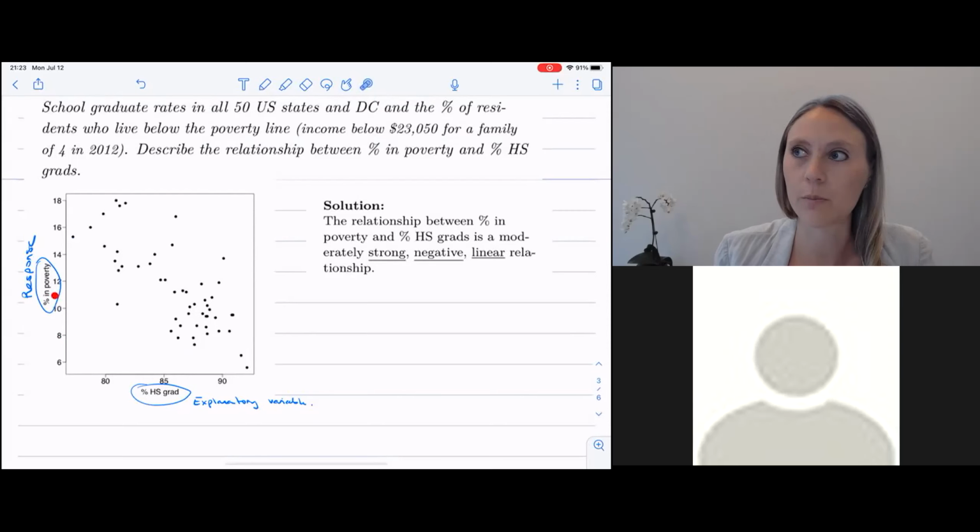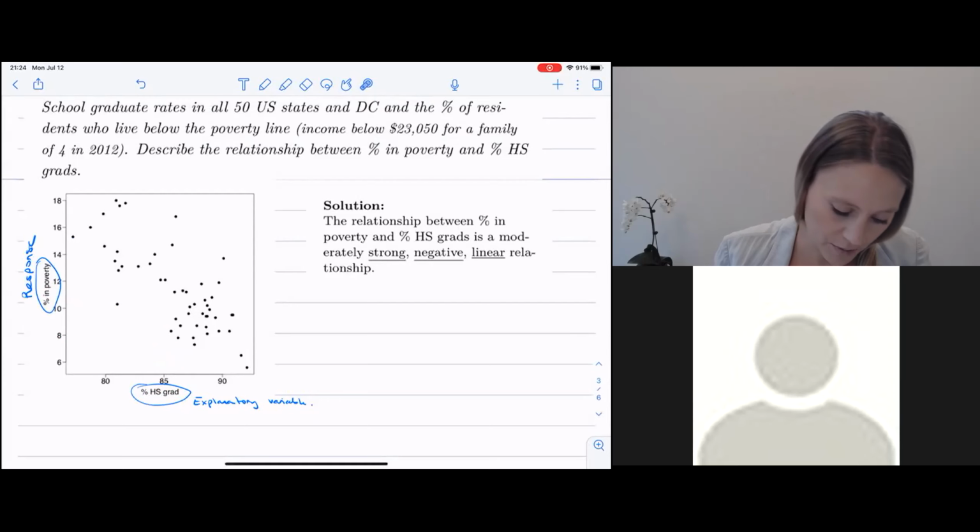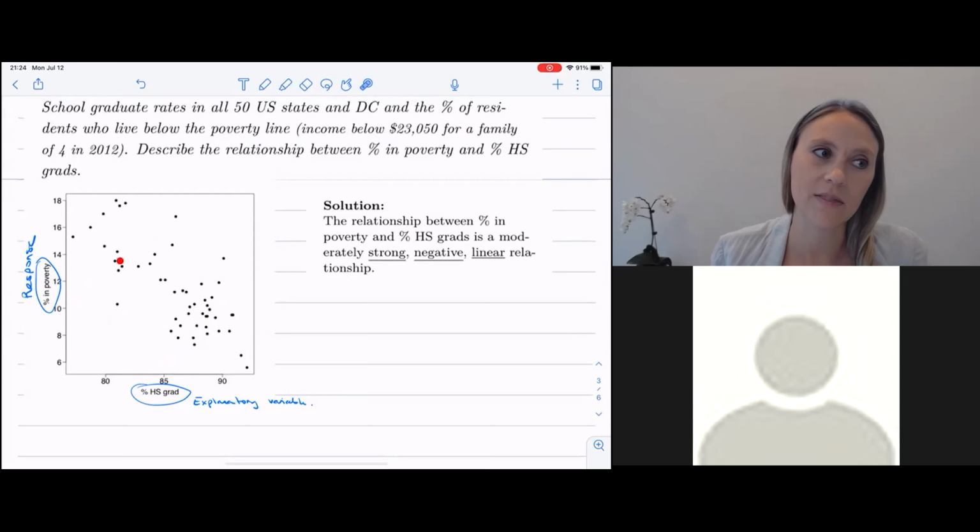So the percentage in poverty depends on the percentage of high school grads is what we're saying here, but maybe the percentage of high school grads depends on the percentage in poverty. And that can happen, and that's okay. But usually in those cases, you'll be given the graph like this, and then we know that the percentage in poverty is the response variable, and the percentage of high school grads is the explanatory variable.